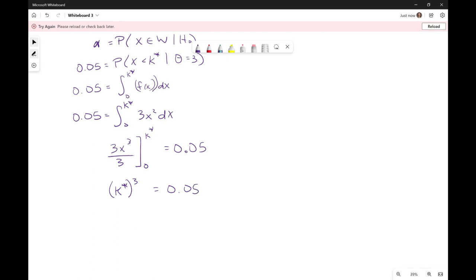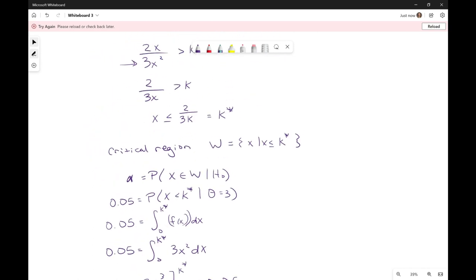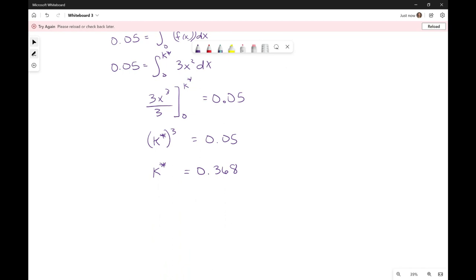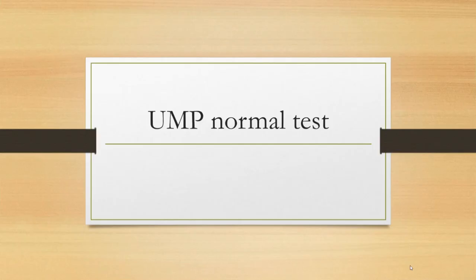Taking the cube root of both sides, I find that K star is equal to 0.368. So if we substitute this into our critical region that we identified up here, we can say that the rejection region of the most powerful test is X is less than 0.368.